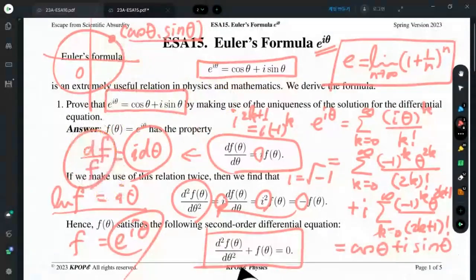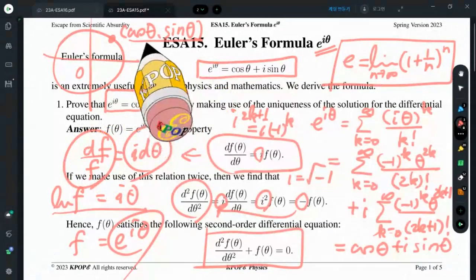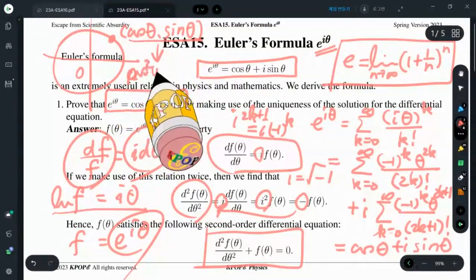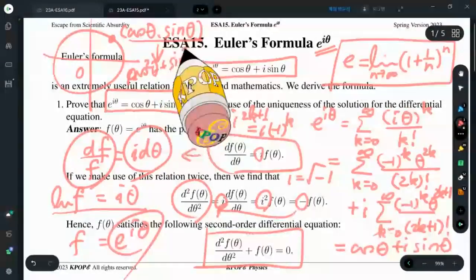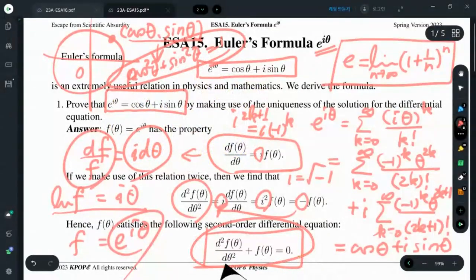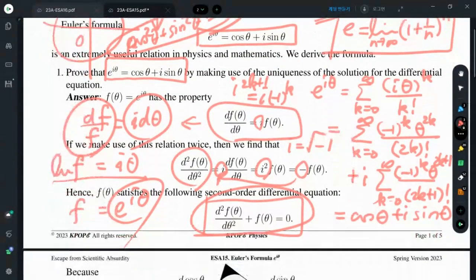And this satisfies the Pythagorean theorem, cosine squared theta plus sine squared theta equals 1. This equation and these equations are very similarly equivalent.